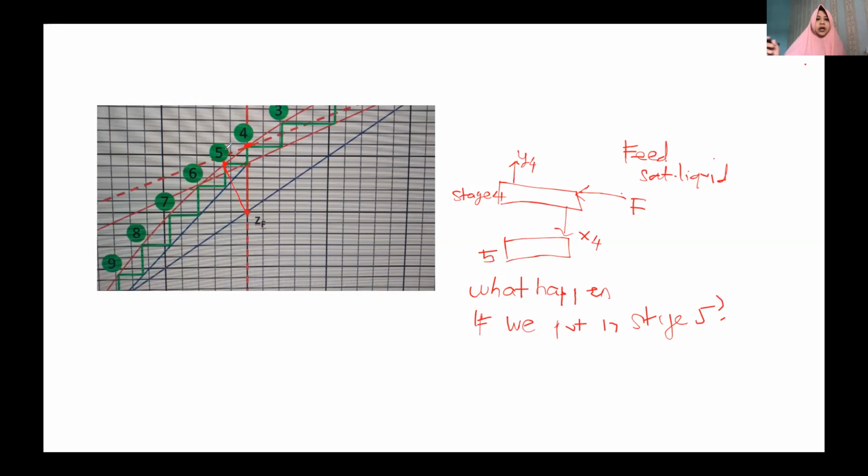So if you have a doubt about where to put a point on the graph, please make the stage, then sketch the stage, and every point will show you the correlation. This point in the equilibrium will show you about the equilibrium.